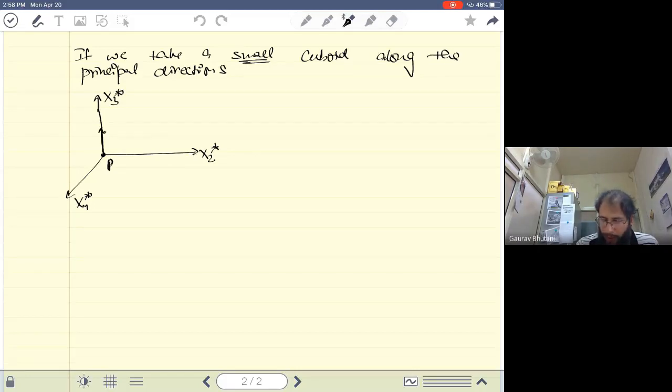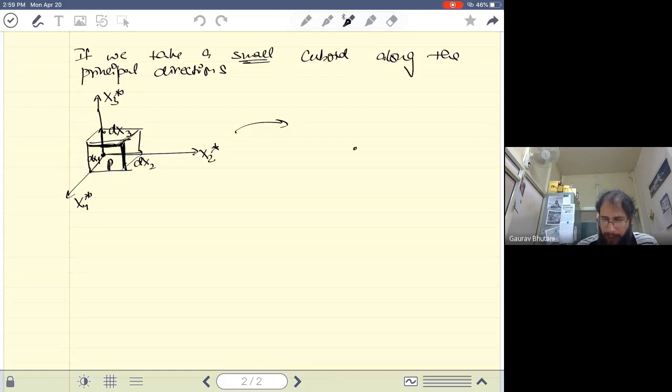So this direction is dx3. This we call dx2, and this we call dx1. So that's our small cuboid. So when the body gets deformed, what we have seen is that this will still remain a cuboid.